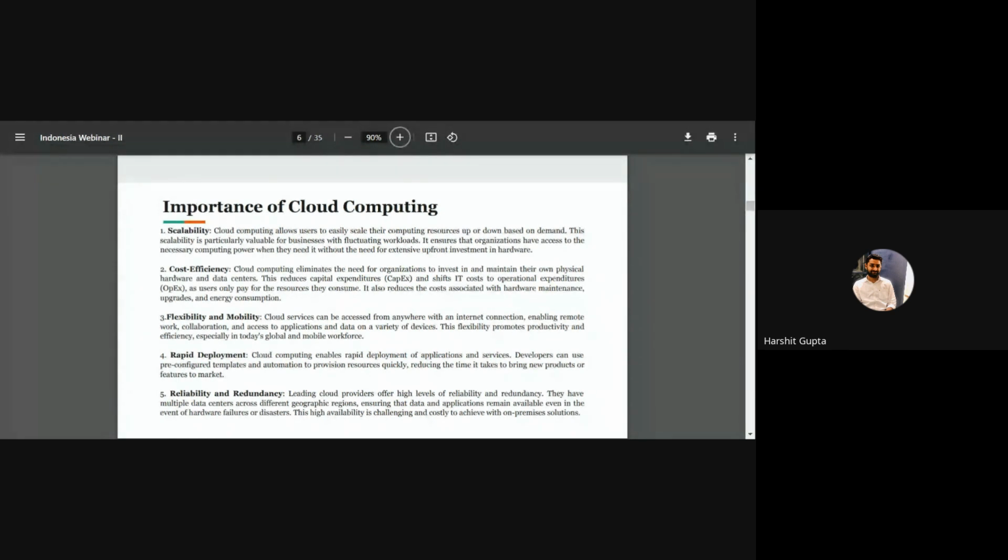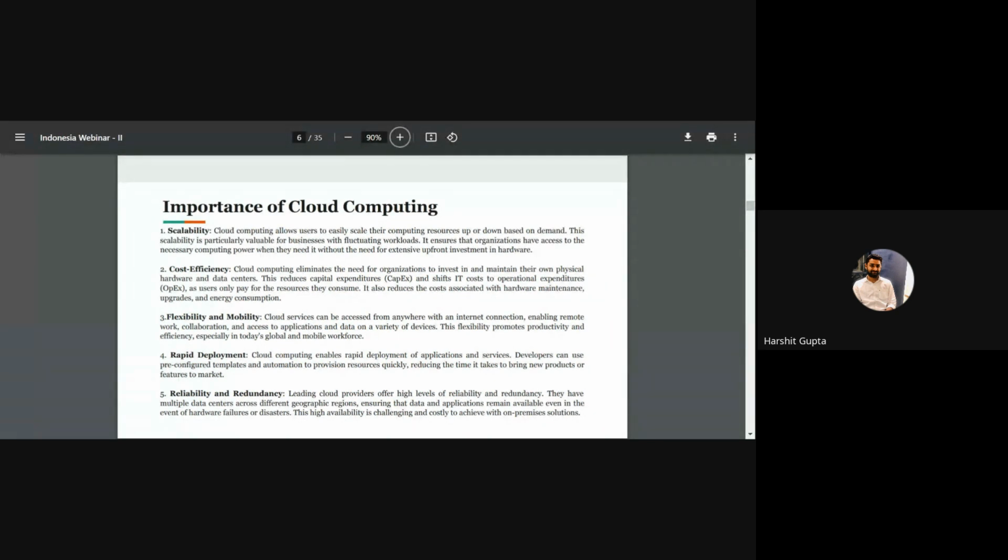Similarly, the next characteristic is rapid deployment. Cloud computing enables the rapid deployment of applications and services. Any developer can use pre-configured templates and automation to provision resources quickly. For example, if we want to design a website, we get pre-made templates on the internet.